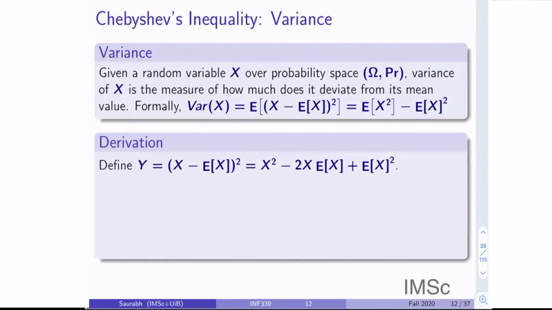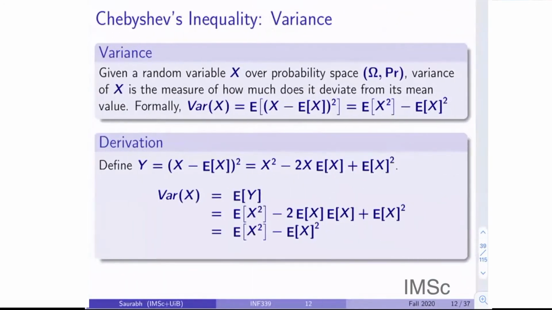So the variance of X is nothing but the expectation of Y. This just follows from linearity of expectation, because if you apply expectation on Y, you get expectation of X squared minus 2 times expectation of X times expectation of X, since the expectation of any constant quantity is the constant itself.